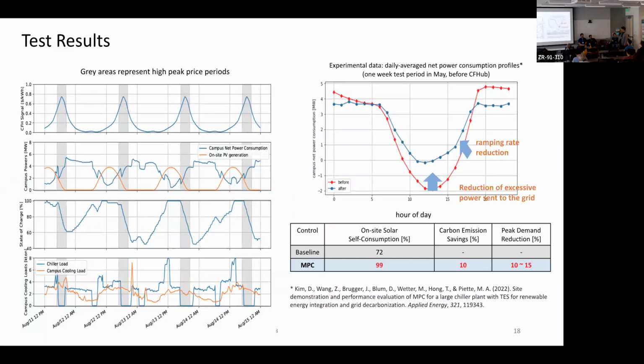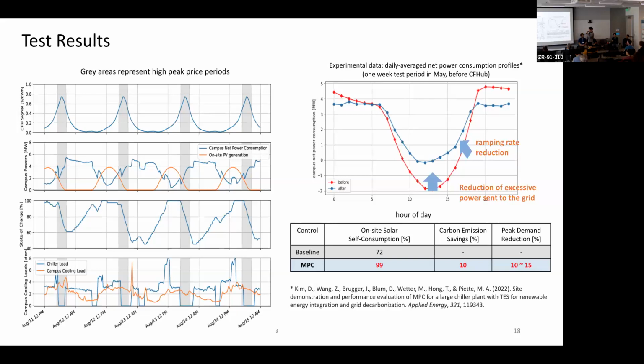This is a quick summary of the experimental results we have performed. The first subfigure shows that the price signal we are receiving is a day-ahead signal, and the gray shaded area is when the price is high, just to simplify our analysis.